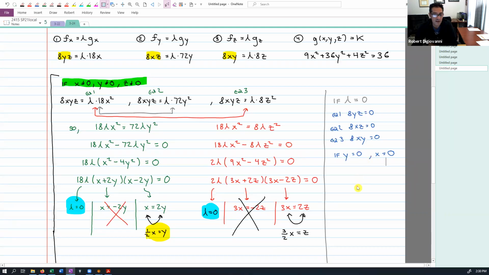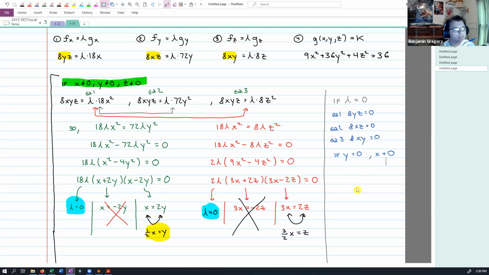Is that okay? Can we have 2 of our variables be 0? What's our volume going to be? 0, right? The volume is 8xyz. So if any single one of these variables is 0, we have 0 volume, which is not what we're looking for. We're looking for the maximum volume.